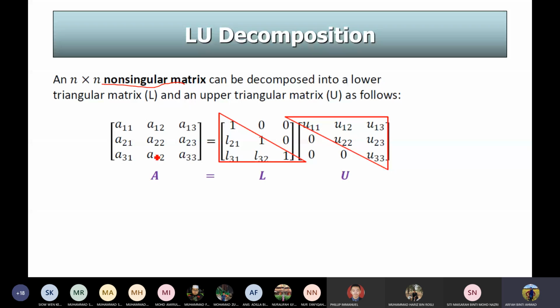Let's say you have this as your coefficient matrix, A. Matrix L and matrix U are matrices where, for L, the diagonal elements are 1 and the upper triangle is zero, so only the lower triangle has values: L21, L31, L32. For matrix U, only the lower triangle is zero, and the others are U11, U12, U13, U22, U23, U33. So what are the values of L21, L31, L32, which I marked in purple, and U11, U12, U22, U13, U23, U33? What are their values actually?